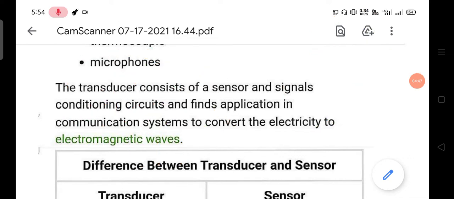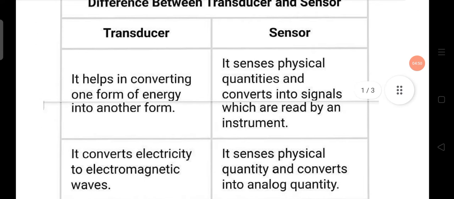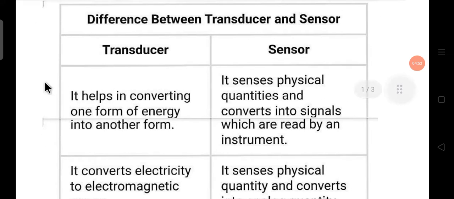Now let's see the difference between transducer and sensor. A transducer helps in converting one form of energy into another, that is, non-electrical signal to electrical signal, or in the case of a mic, speech signal into electrical signal. And a sensor senses a physical quantity like temperature, pressure and light intensity, and converts it into a signal which is read by an instrument.